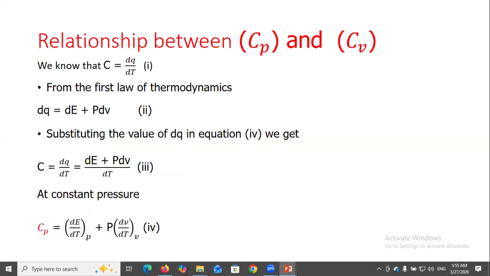Relationship between Cp and Cv. We know that C equal to dq over dT, equation first. From the first law of thermodynamics, dq equal to dE plus P dV. Substituting the value of dq in equation first, we get C equal to dE plus P dV over dT, equation third. At constant pressure, Cp equal to (dE/dT)p plus P (dV/dT).